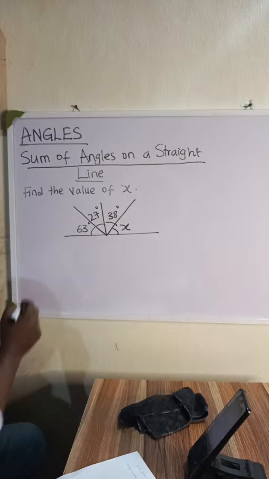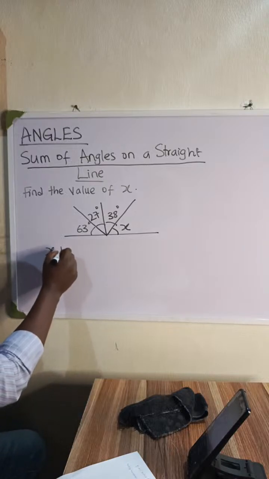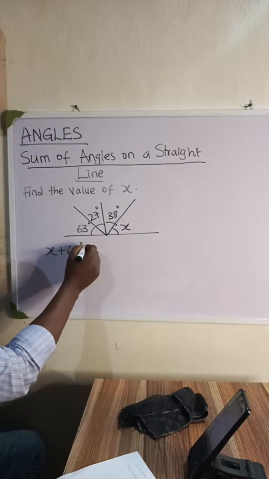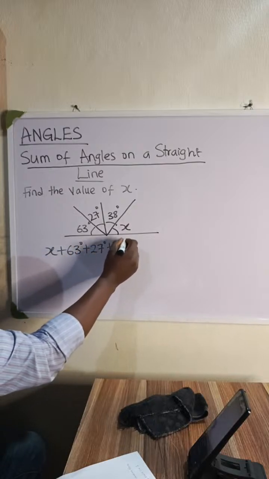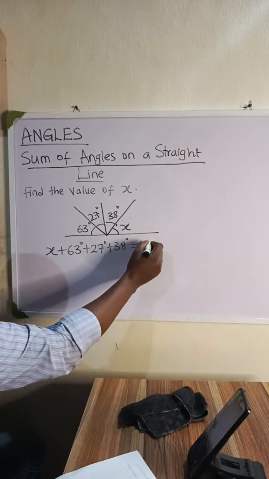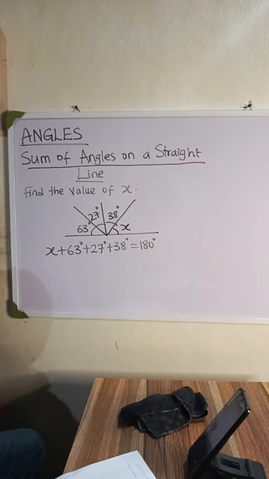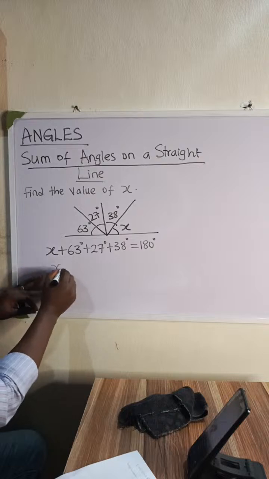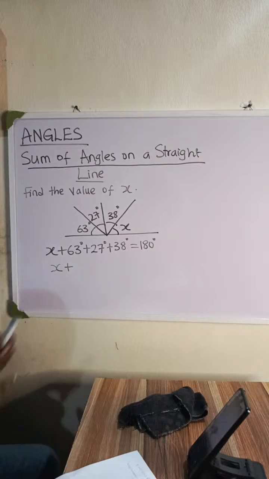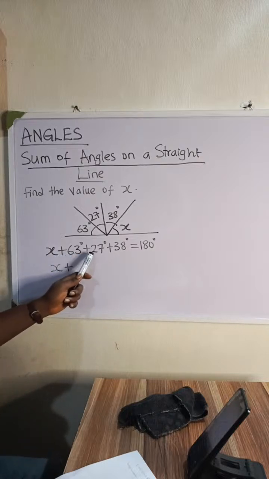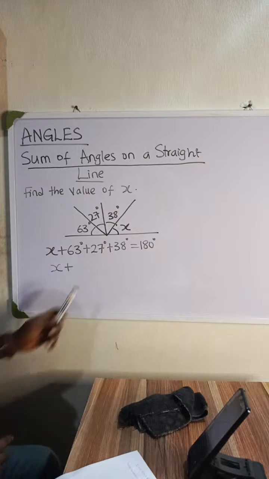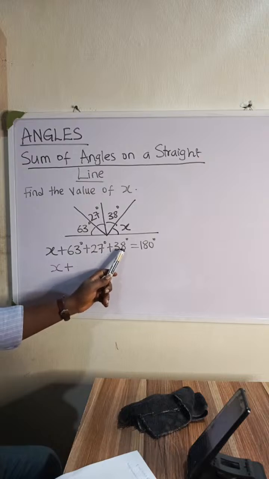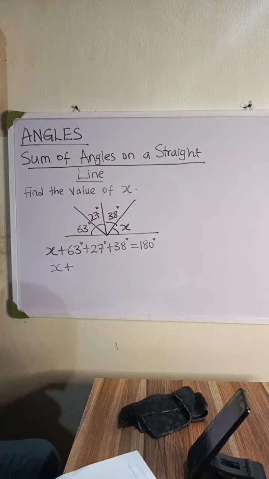Okay, let's see. So we have x plus 63 degrees plus 27 degrees plus 38 degrees is equal to 180 degrees. So 63 degrees plus 27 degrees is 90 degrees. 90 degrees plus 38 degrees is 128 degrees.